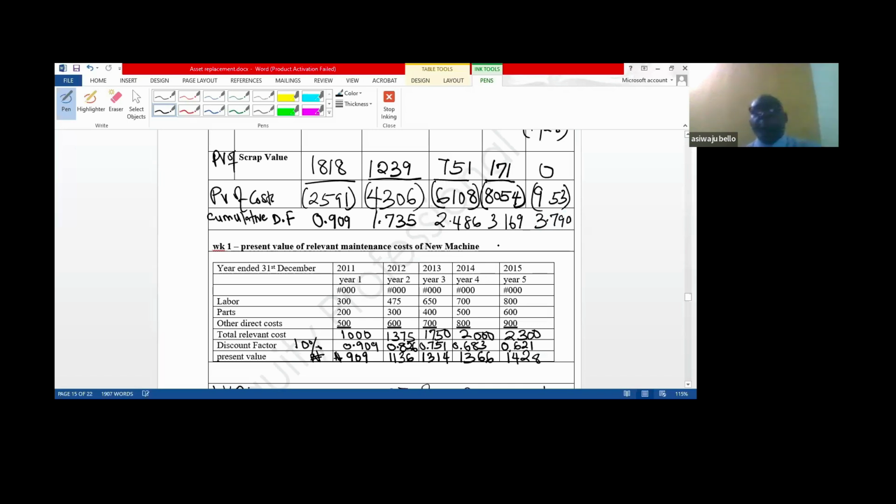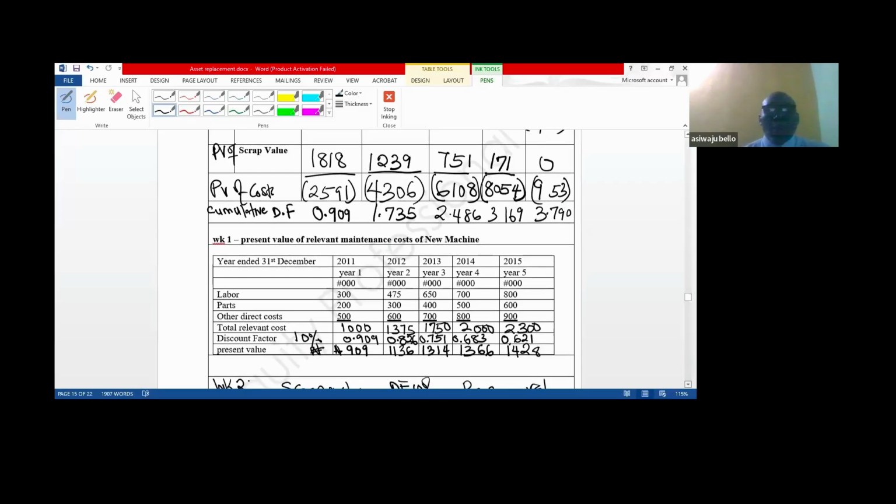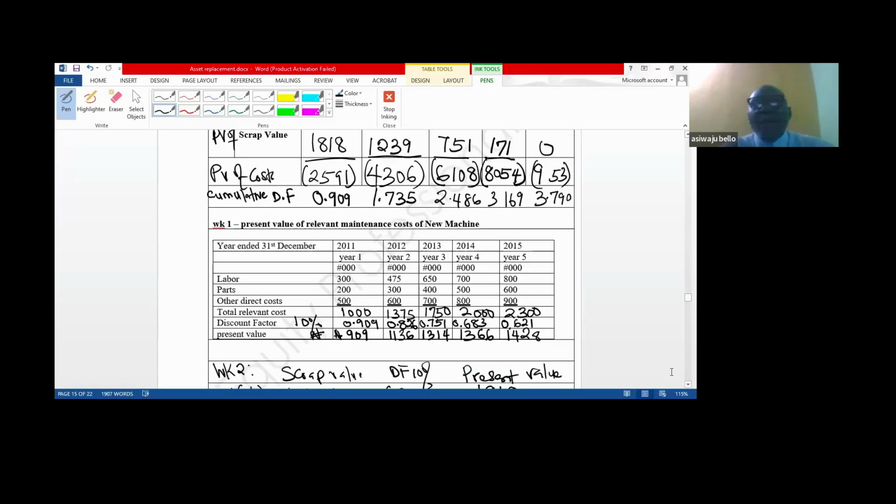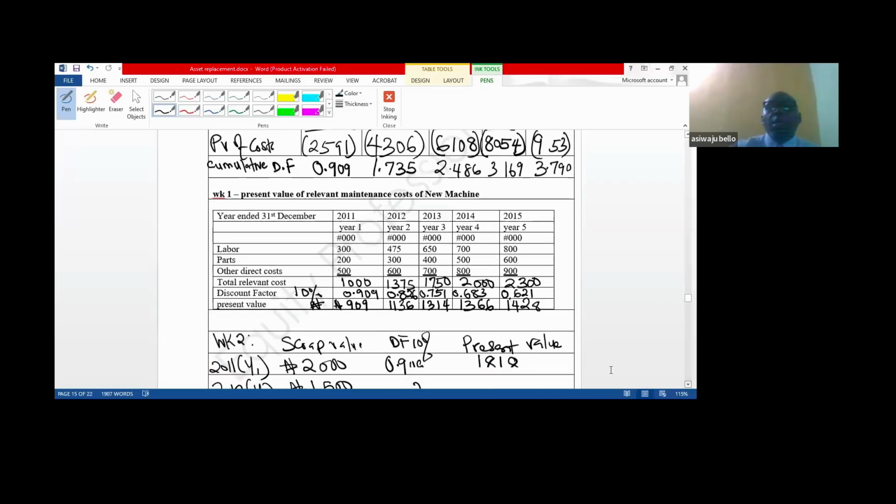You have gotten your cumulative factor. Remember the formula for annual equivalent cost. Let us show the formula here so as to guide our computation.